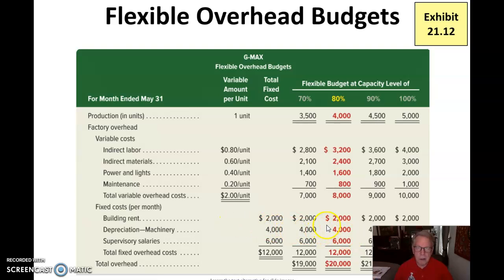This is a monthly budget for the month of May. As you can see, we have differing overheads based on our monthly numbers. Let's take a look at that.